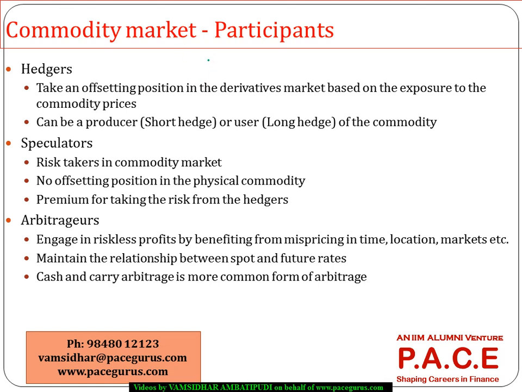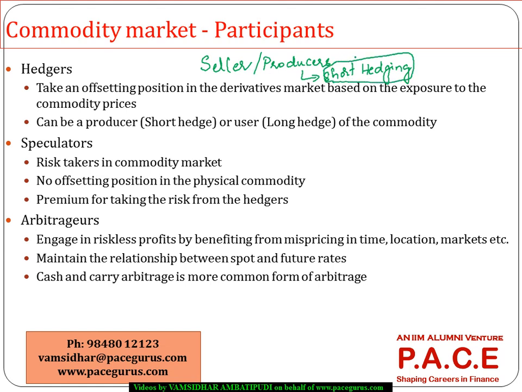One is the sellers of the commodity, or producers of the commodity. Someone who wants to sell oil, so he is producing oil, generally goes for a short hedging position. That means he wants to lock in the selling price.